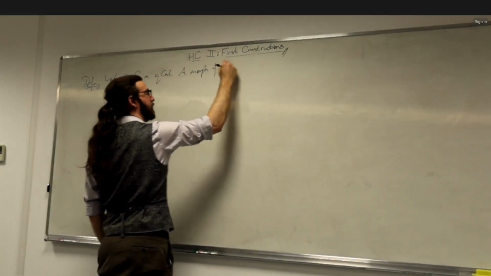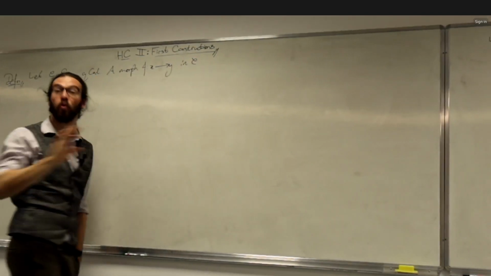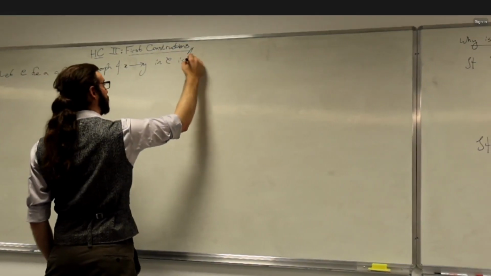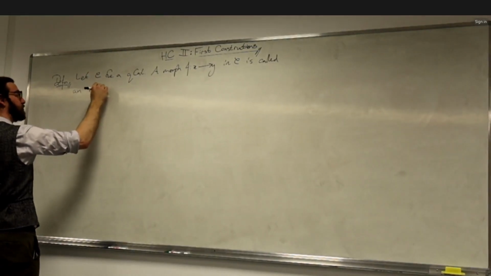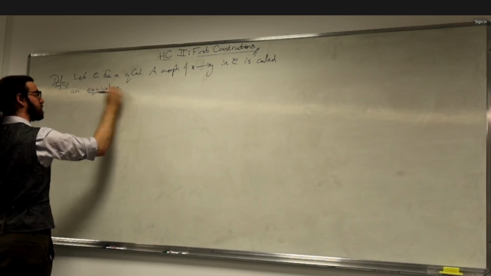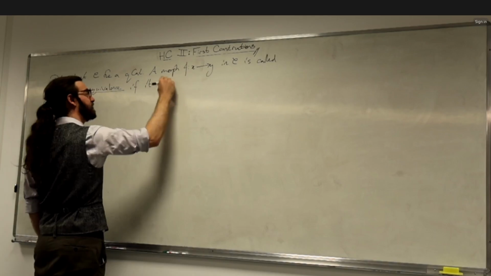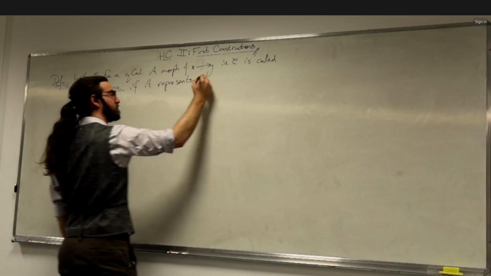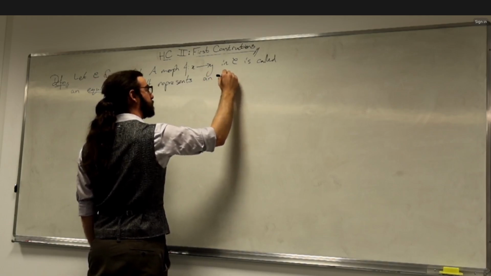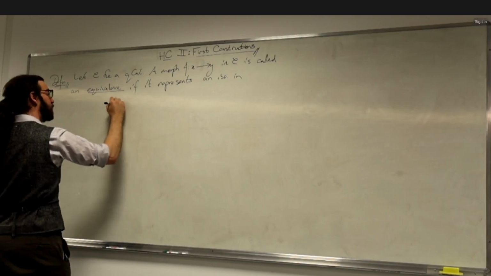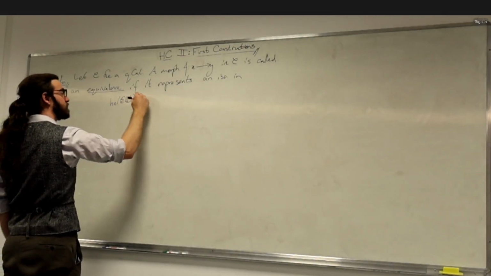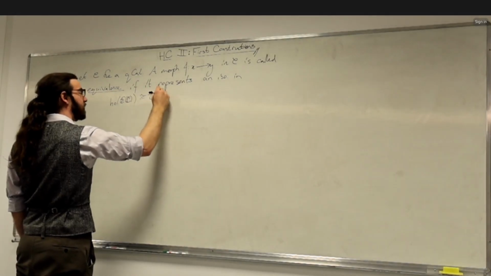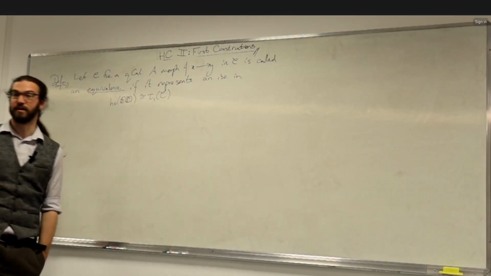A morphism f from x to y in C, so that is a one simplex, is called an equivalence if it represents an isomorphism in either the homotopy category of the rigidification of C, or equivalently, this fundamental category functor applied to C.